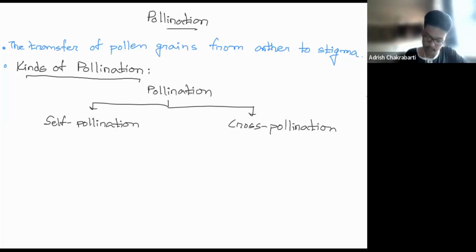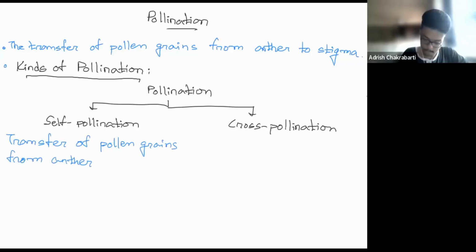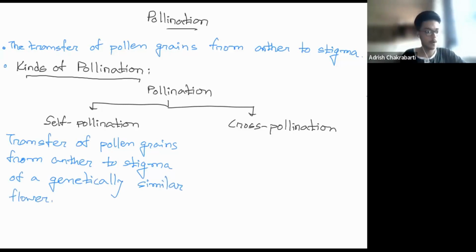So what is self-pollination? It is the transfer of pollen grains from anther to stigma of a genetically similar flower. This is self-pollination. What is cross-pollination?